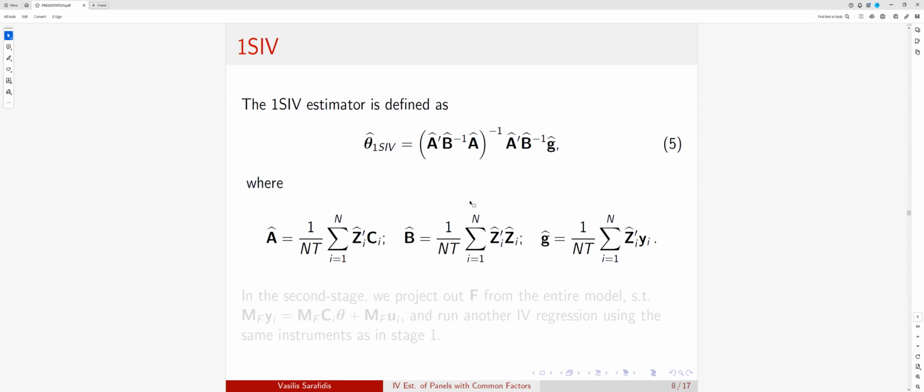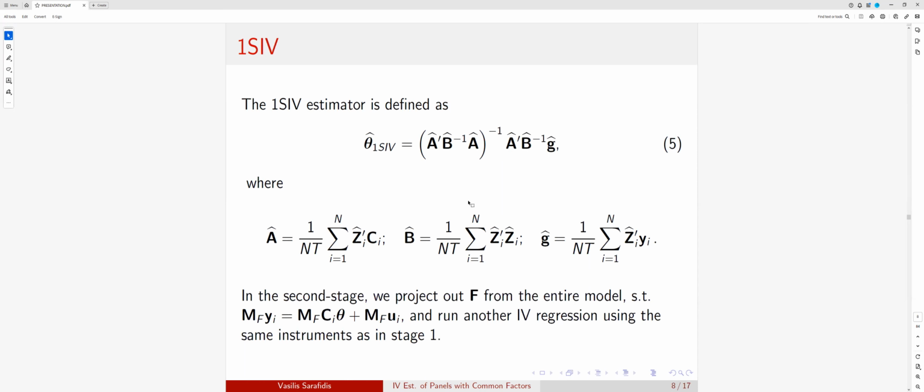Now the first stage IV estimator is consistent, but it is asymptotically biased. So instead of trying to correct the asymptotic bias of the estimator, we proceed on to a second stage. In the second stage, we project F using PCA based on the first stage IV residuals, which are consistent estimates of the true errors, and then project out F from the entire model and run another IV regression using the same instruments as in stage 1.